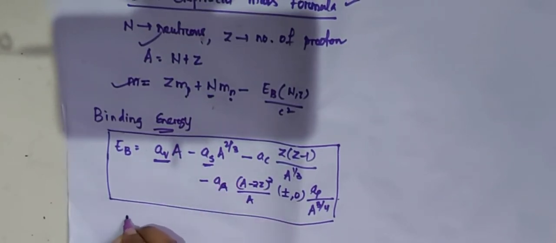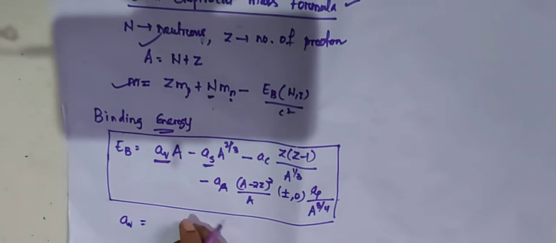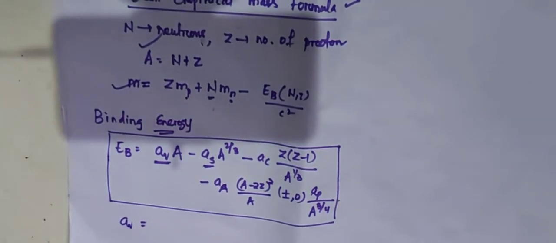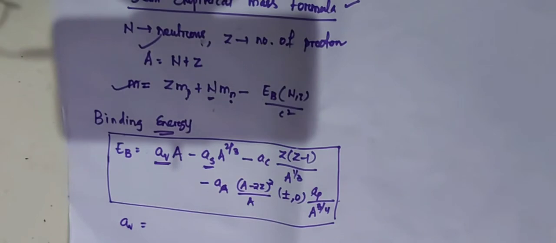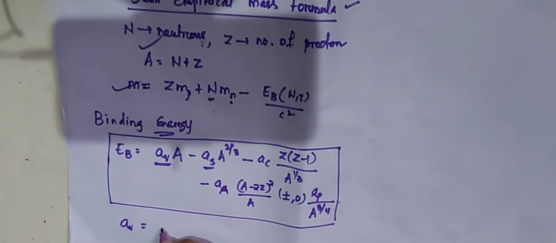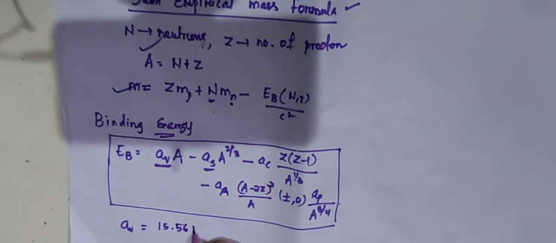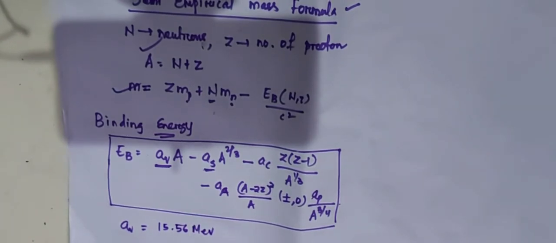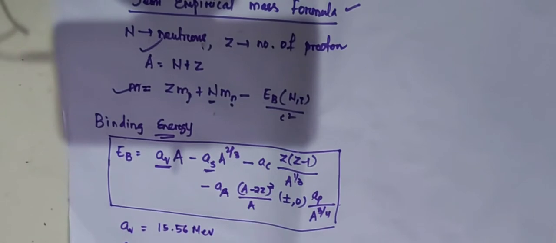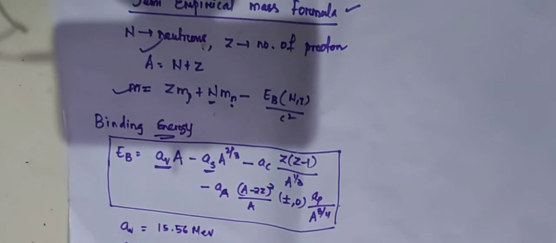So the volume energy constant Av is around 15.56 MeV, and As, the surface energy term, is 17.23 MeV.